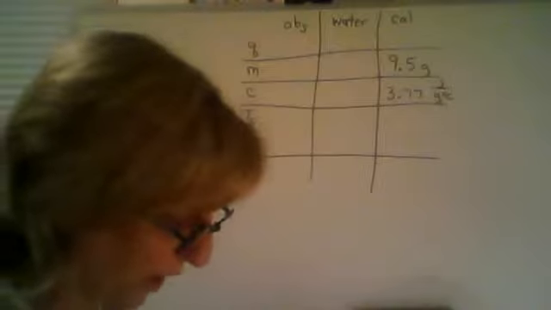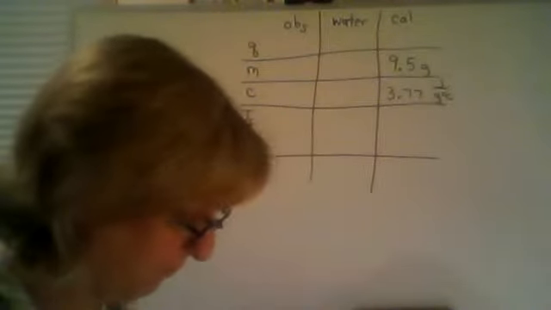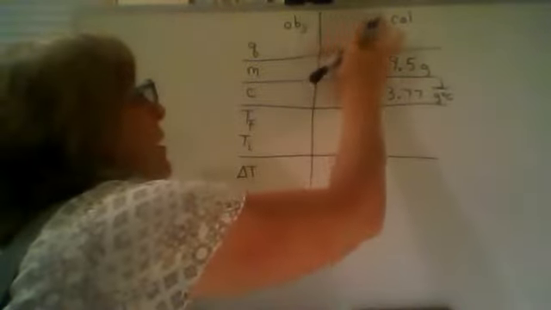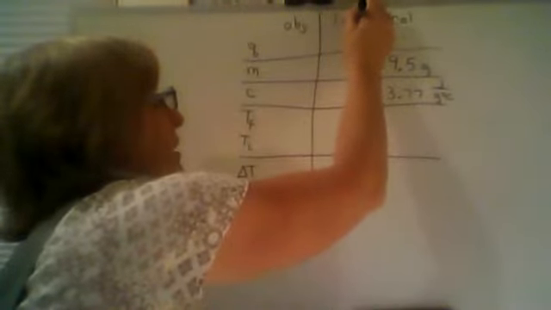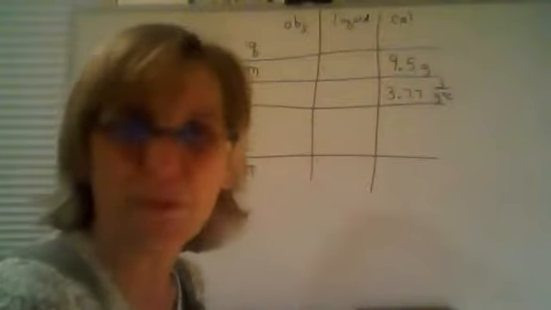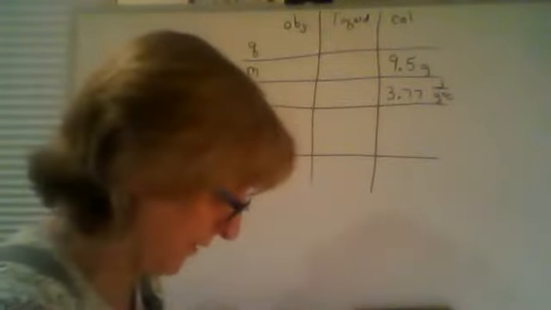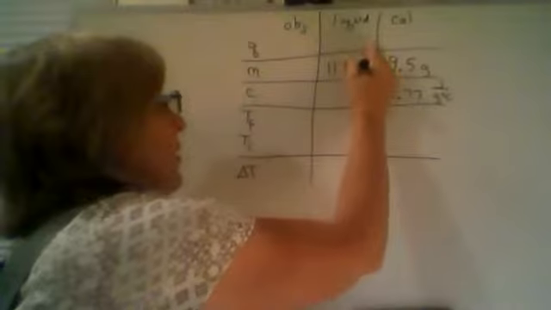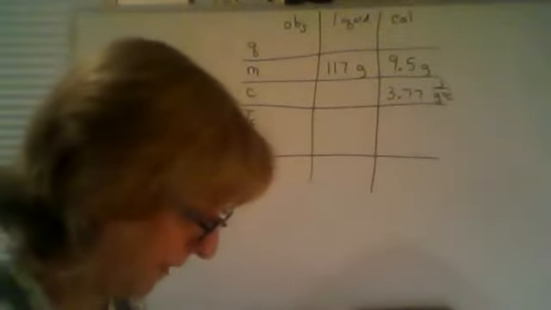It's filled with 117 grams of an unknown liquid. Uh-oh, so it's not water. We're just going to have to say liquid. It doesn't happen very often, just every now and then when he wants to throw you off. Okay, 117 grams. No decimal points, it's just 117.